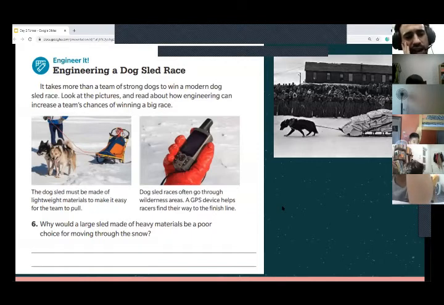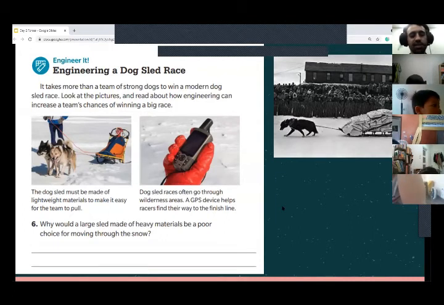Look at the pictures and read about engineering that can increase a team's chance of winning. The first picture says the dog sled must be made out of lightweight materials, making it easier for the team to pull. Remember, the lighter an object is, the easier it is to apply a force.